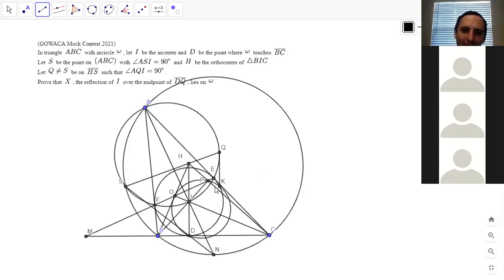So yeah, we mentioned that K lies on the 9-point circle of both. So yeah, that kind of makes sense. Oh, but no, I don't think so. Yeah, because K doesn't lie on the inner circle of BHC.